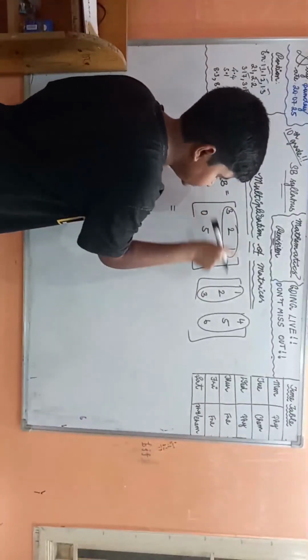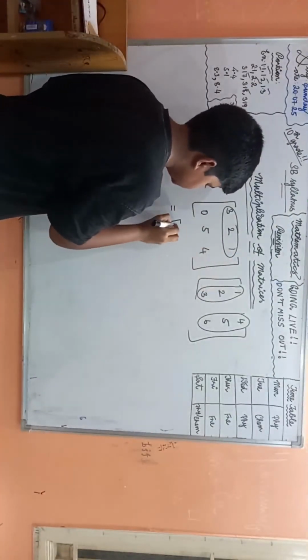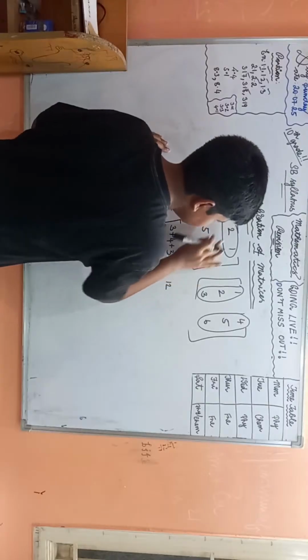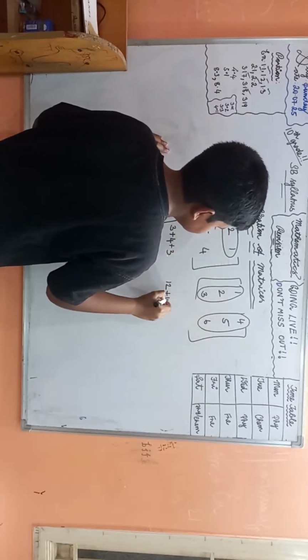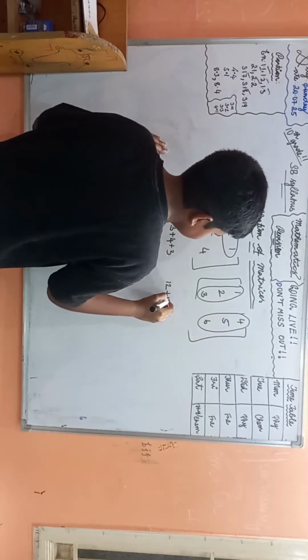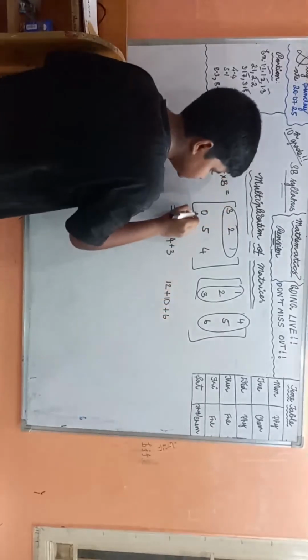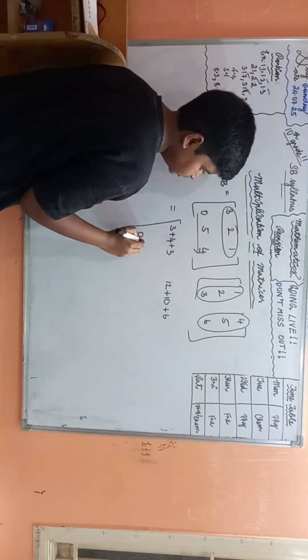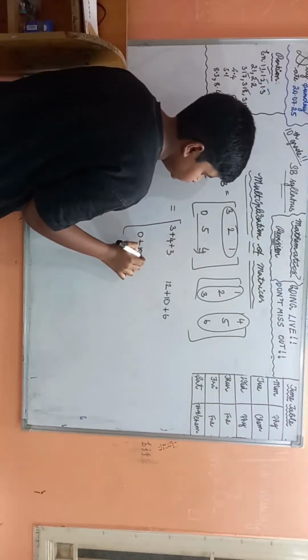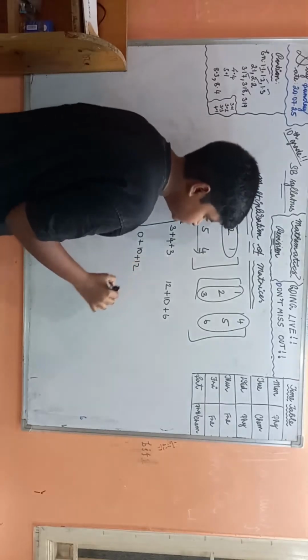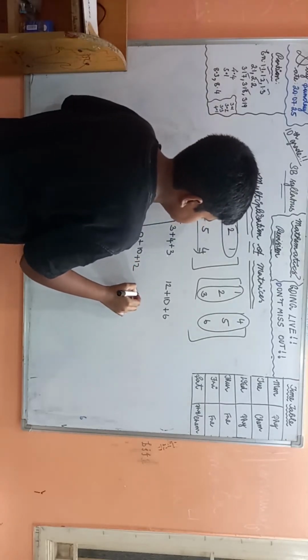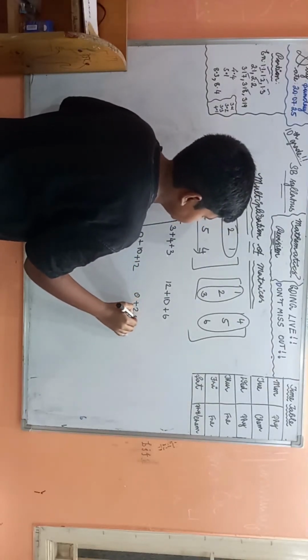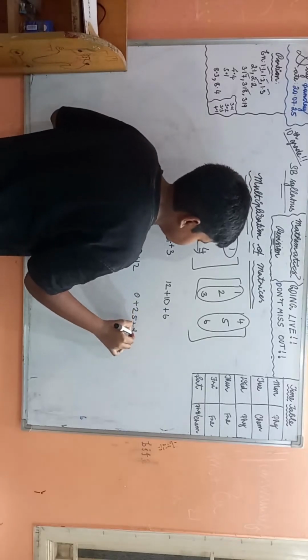So 3 into 1 will become 12, and 2 into 5 will become plus 10, and 1 into 6 will become plus 6. Now the same method as this. So 0 into 1 will become 0, and 10 plus 12, 0 plus 25 plus 24.